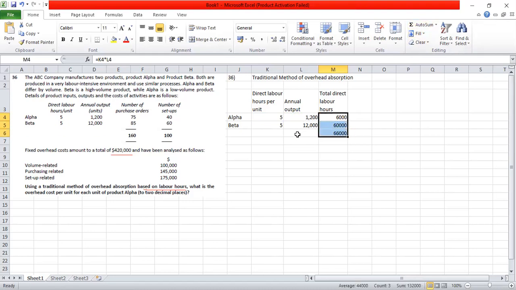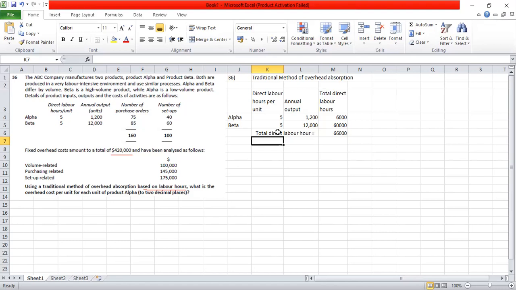The total labor hours required is 66,000. Now, how to calculate the overhead rate? The overhead rate will be the total overhead cost of 420,000 divided by the total number of labor hours, which is 66,000.